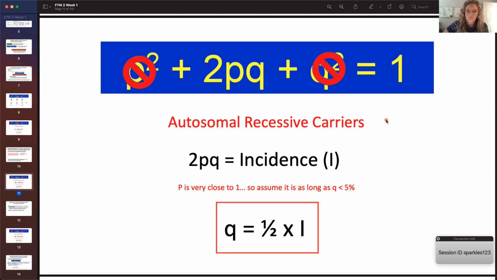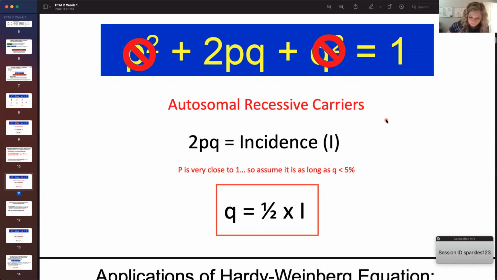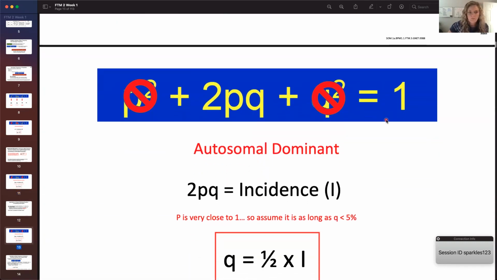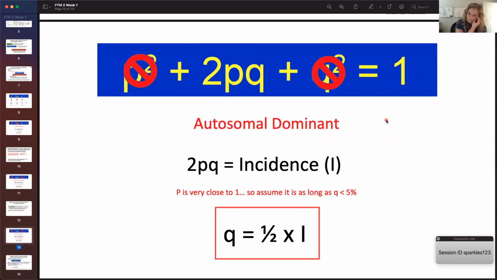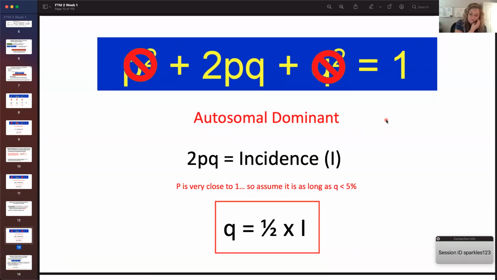Like at the beginning, with that table, just remember that there are 2 alleles on each person. So they could be 2 normal alleles, 1 disease causing allele and 1 normal functional allele, or 2 disease causing alleles. So you have to think of them as separate alleles, but remember that people are going to have 2 of them. And that's with the autosomal dominant down here. That makes a little bit more sense because the autosomal dominant is going to have 1 of each because they're heterozygous, but they are going to be affected.